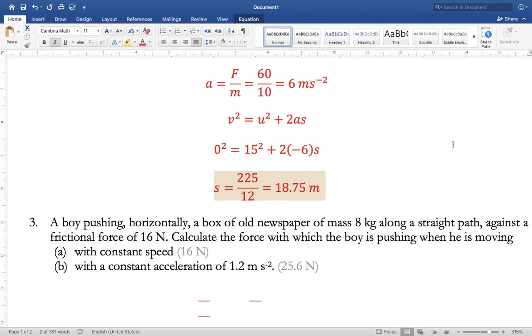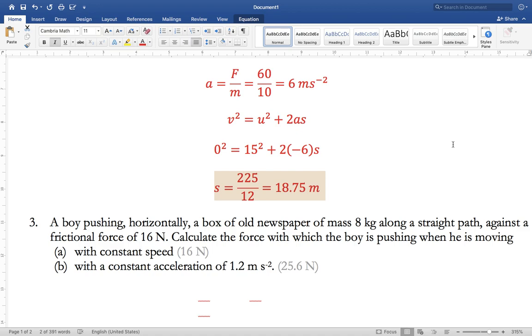Number 3: a boy pushing horizontally a box of old newspaper of mass 8 kg along a straight path against a frictional force of 16 Newton.